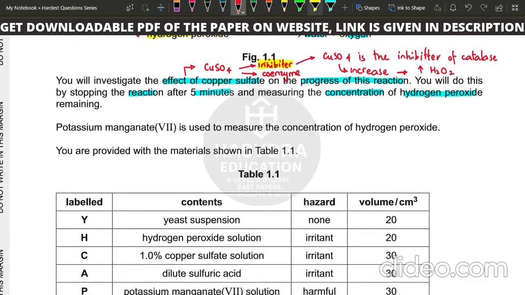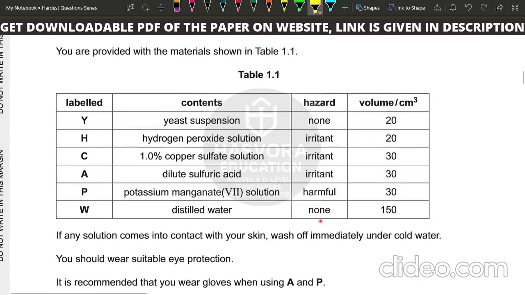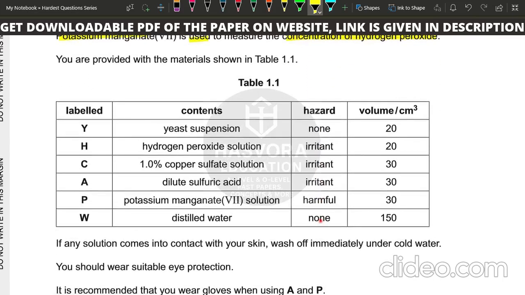Now they are telling you that potassium permanganate is used to measure the concentration of the hydrogen peroxide. Let's see how we are going to measure the concentration of hydrogen peroxide with potassium permanganate. You are provided with the materials shown in table 1.1. They have given you the yeast suspension, which will have the catalase enzyme. You have hydrogen peroxide solution and 1% copper sulfate solution.